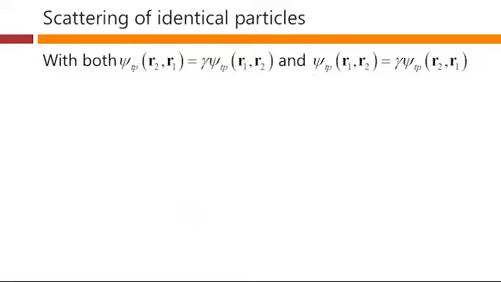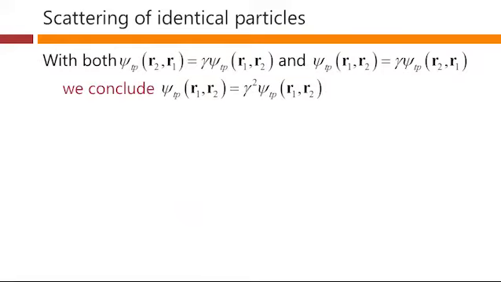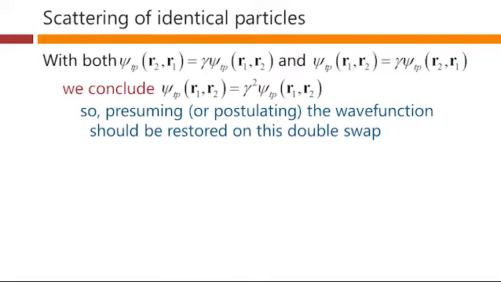With both of these equations then, which we're postulating, we conclude that this two-particle wave function must equal gamma squared times itself. That's what happens if we apply these two operations one after the other. We get back to the wave function we started with, but we've picked up gamma squared along the way. So, presuming, or postulating, if you like, that the wave function should be restored on this double swap, we're then forced to conclude that gamma squared is equal to 1.